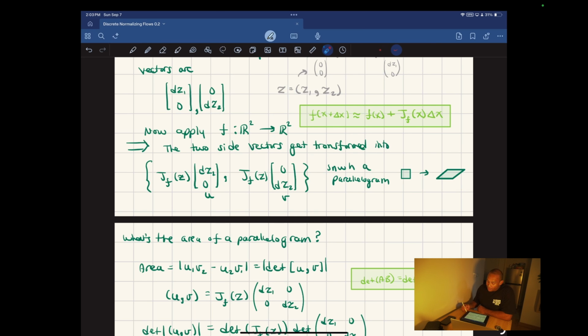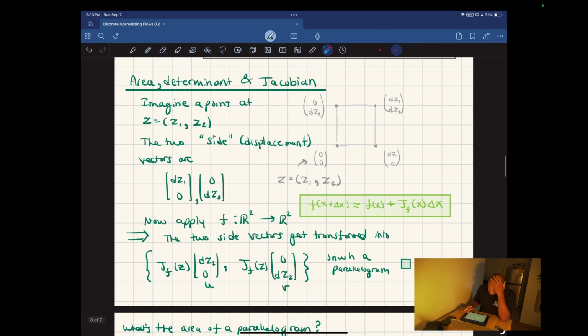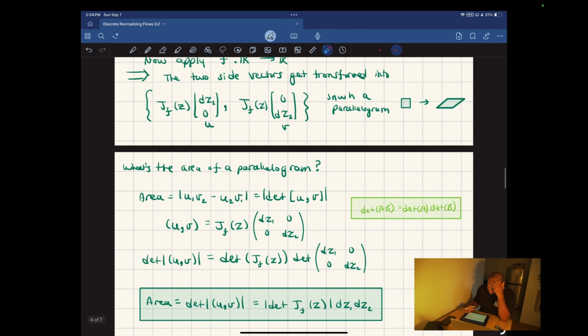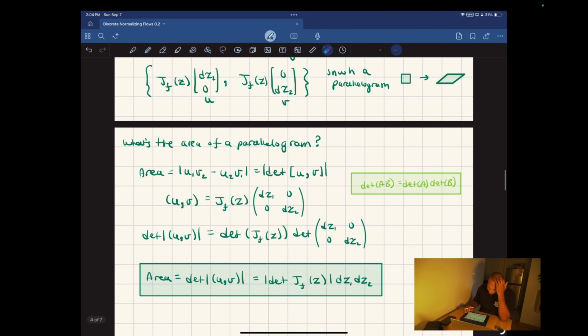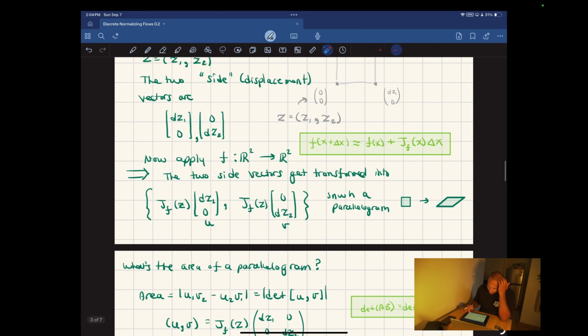We can describe the two output displacement vectors u and v by these. So this is u and this is v.